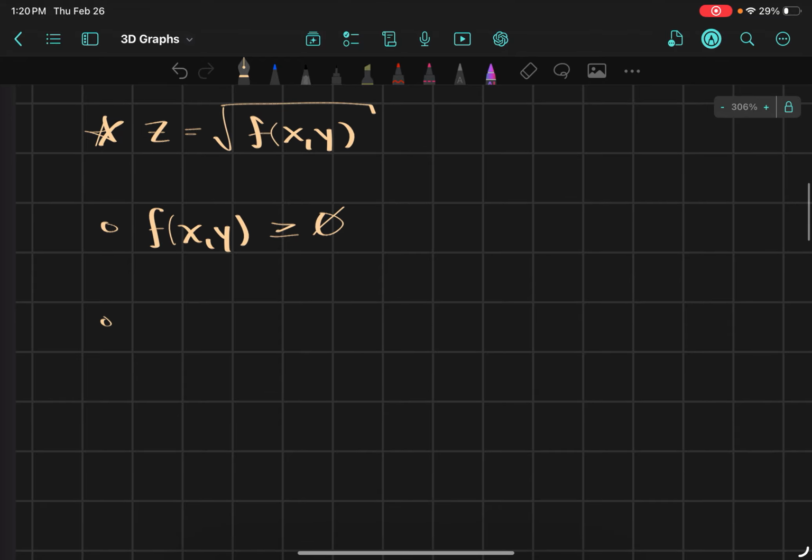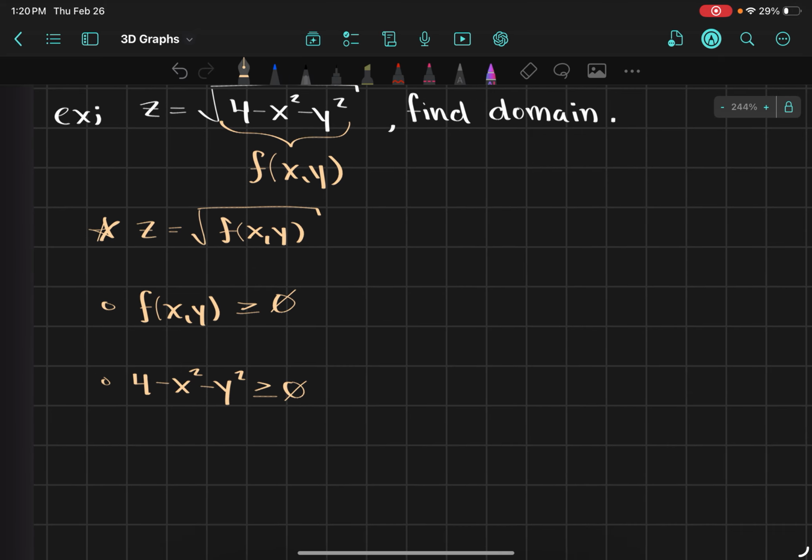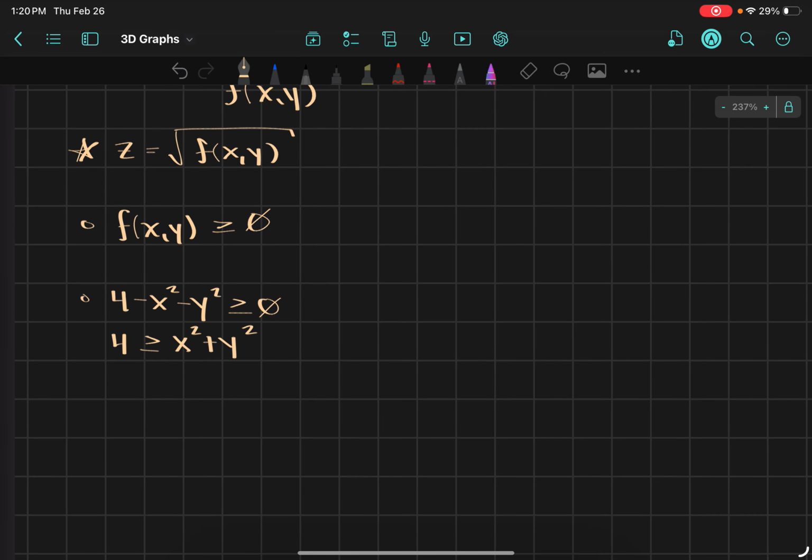Therefore, let's just go ahead and plug in our function there. So we have 4 minus x squared minus y squared has to be greater than or equal to 0. We can just go ahead and do some simple algebra here. We have 4 must be greater than or equal to x squared plus y squared. So this gives us our set builder notation that we are going to need. So then this is just going to be our domain, essentially.